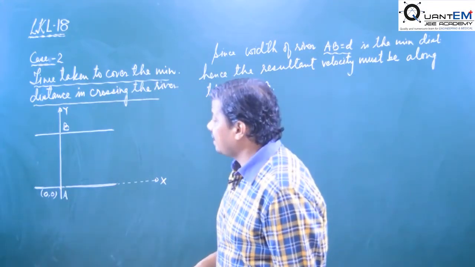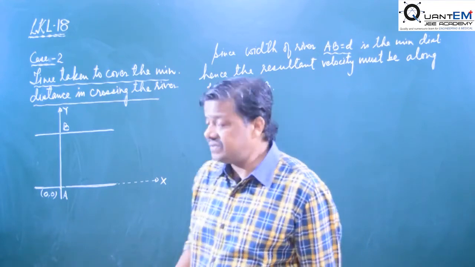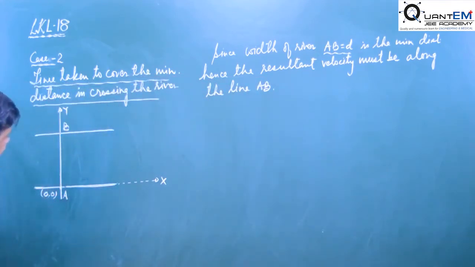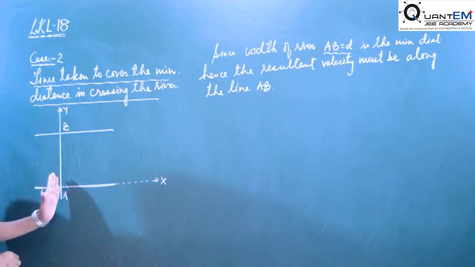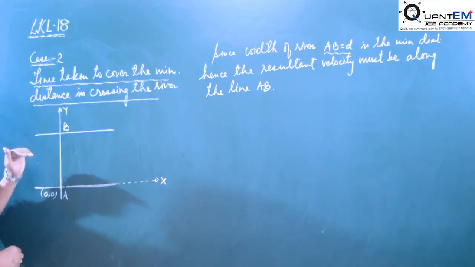That means the particle should be moved against the flow. Flow is to this right side, so it should be moved against the flow in such a way that the resultant velocity is directed along AB. Okay.